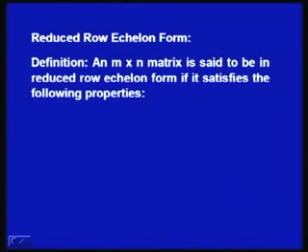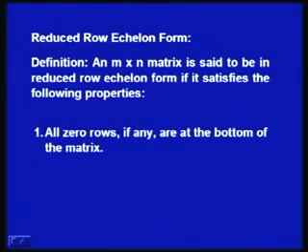We define an M by N matrix to be in reduced row echelon form if it satisfies certain properties. So, what are those properties? The first property is that all zero rows, if there are any, are at the bottom of the matrix.